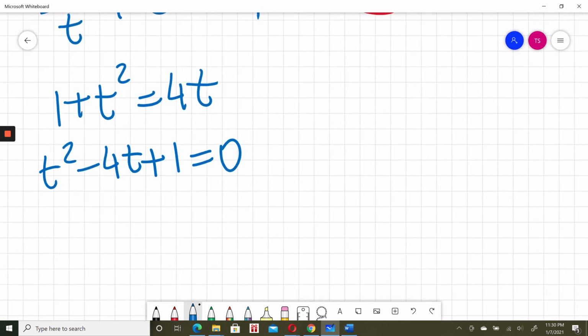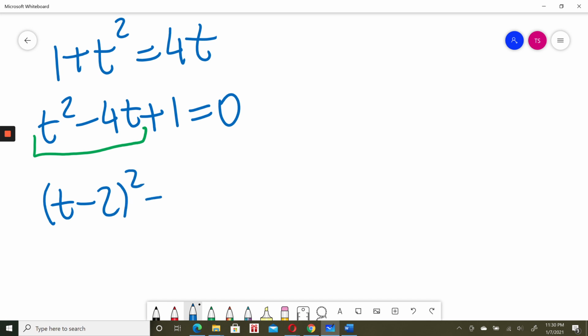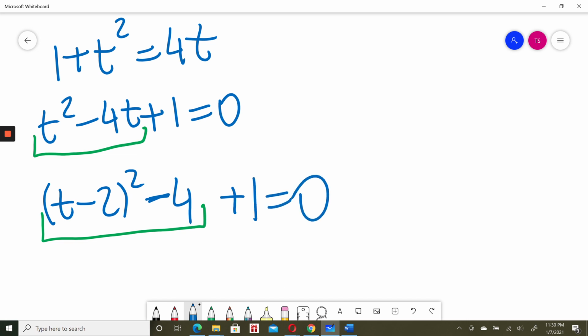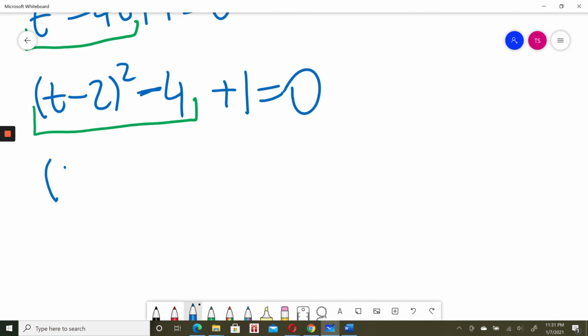I will solve this quadratic equation by completing the square. So t squared minus 4t will be equal to t minus 2 squared. This is plus 4, so I have to subtract that 4. And I still have plus 1 equals 0. So now I have t minus 2 squared is equal to 3.